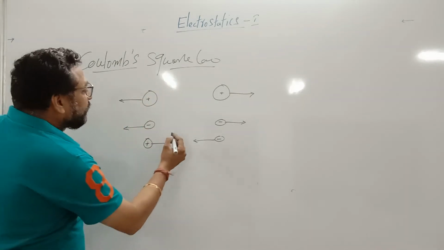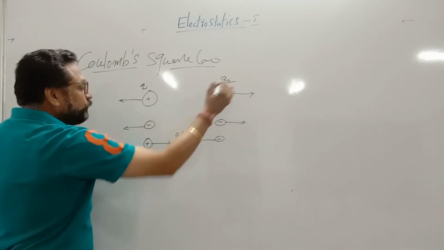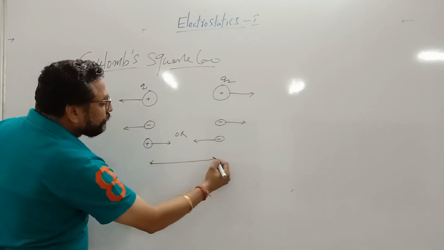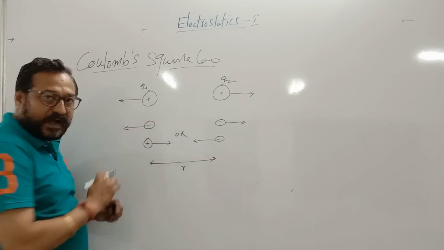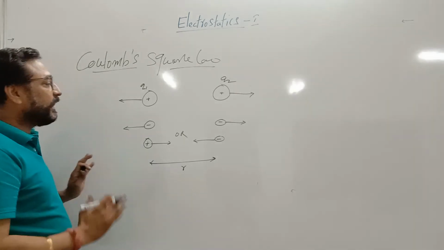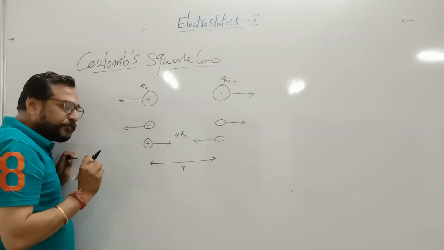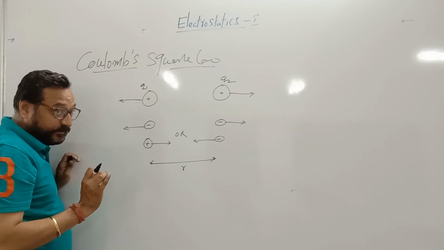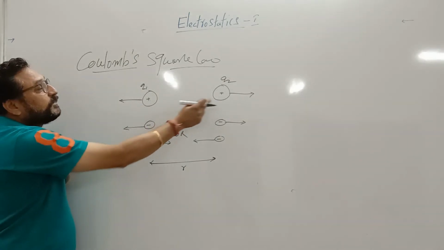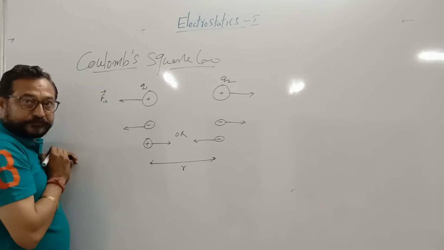Again we see that this charge is Q1, this charge is Q2, and the distance between these two charges is, suppose, r. Then we go towards its statement first of all. This is first, this is second. There is an important conclusion about the direction factor. On first, second is applied: F12.